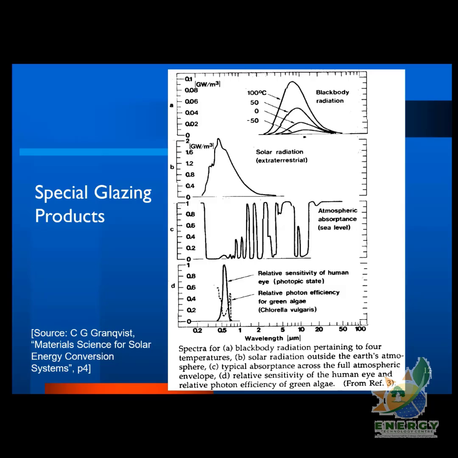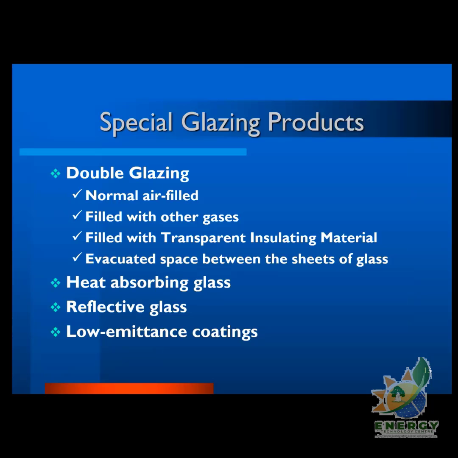And then when the short wave radiation is converted into long wave radiation, which is in the form of heat, it's very difficult for it to escape. And so you have the heating in the room.